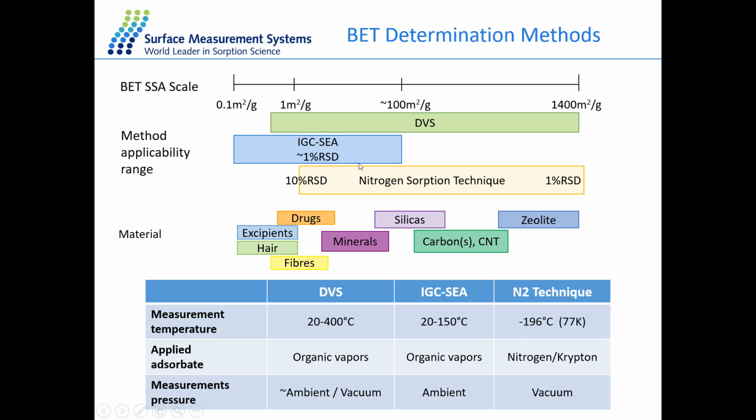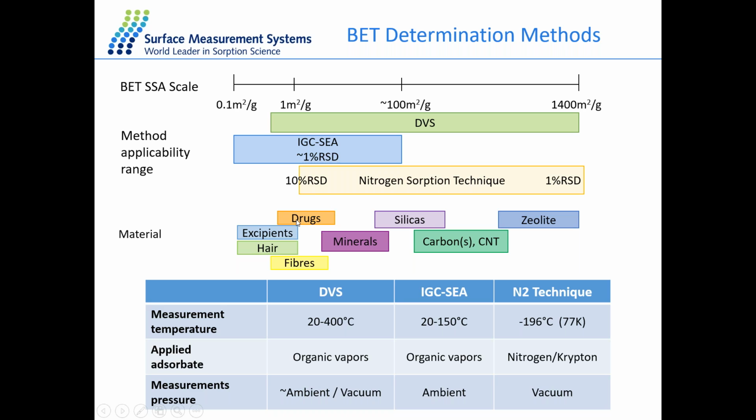But this kind of technique has some limitation for low surface area material, for example some fibers like hair fiber, carbon fiber, or some pharmaceutical powder like excipient powder or some drug powder. In this case, the vapor sorption techniques like DVS and IGC will give a more accurate and reproducible result for those low surface area materials.